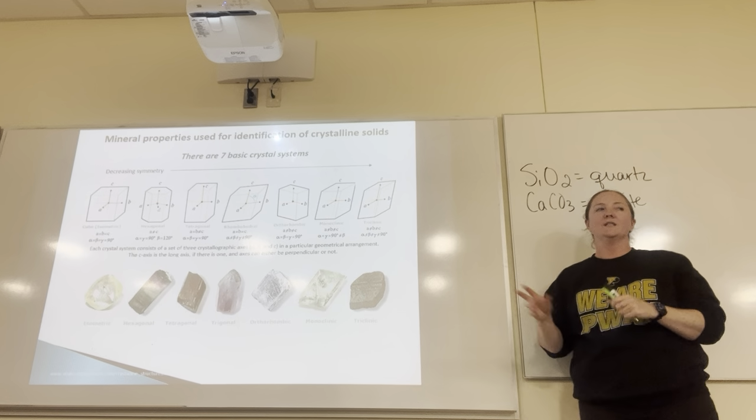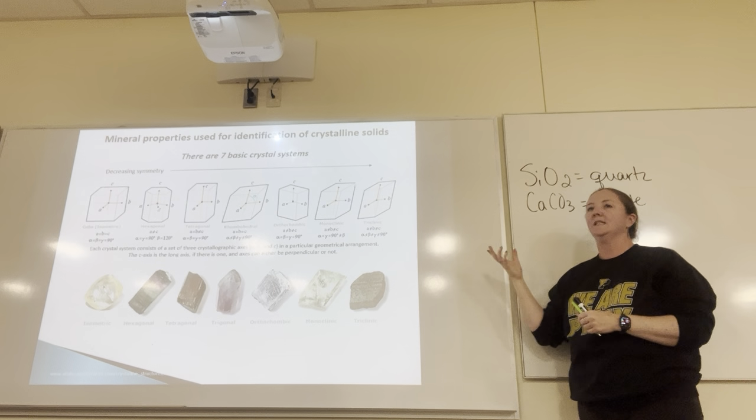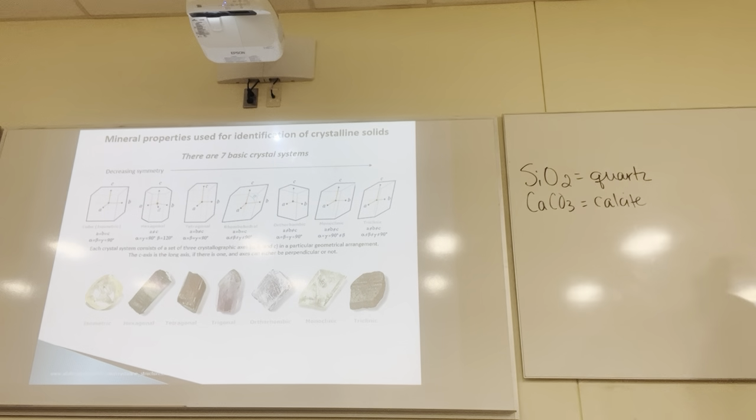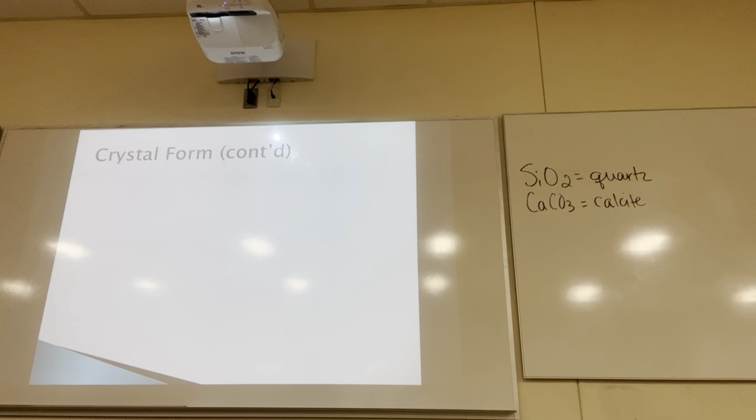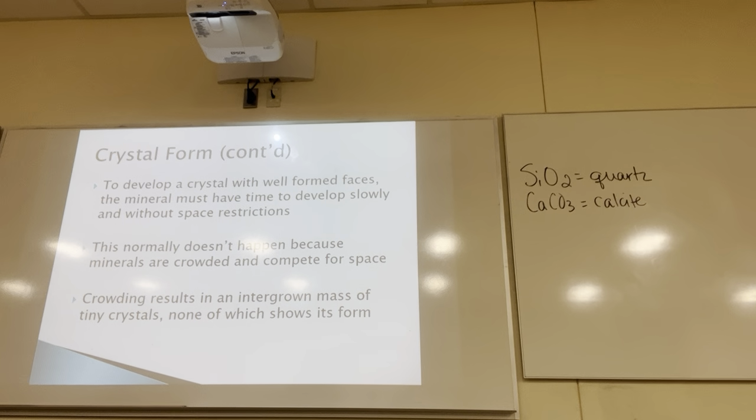They'll form in what's known as their massive form, where you won't actually see the individual crystals. Crystals need space and time to grow. And that's what this kind of sums up. To develop a crystal with well-formed faces, the mineral has to have time to develop slowly and without space restrictions. This normally doesn't happen because minerals are jostling for space.